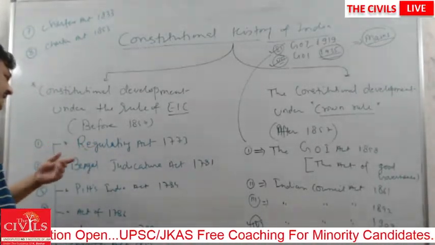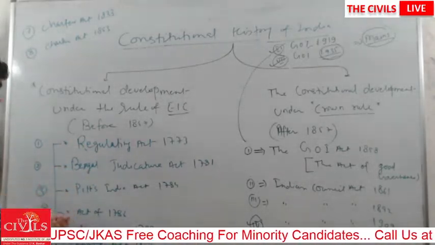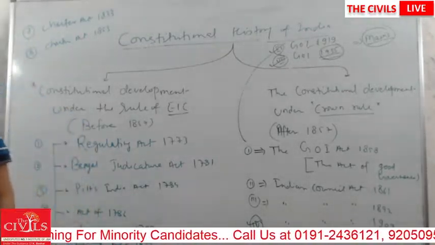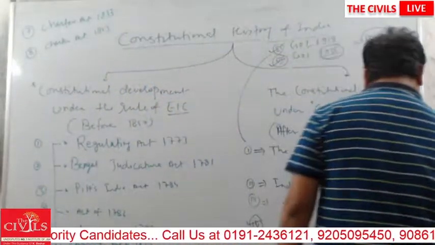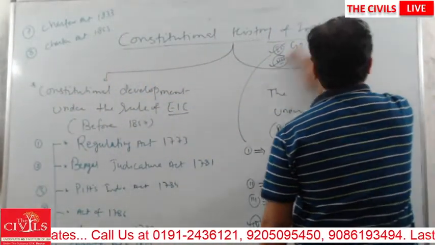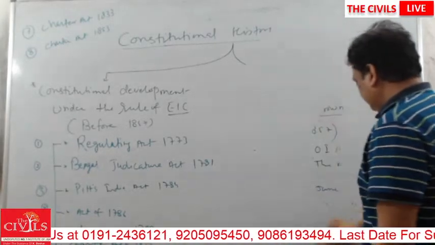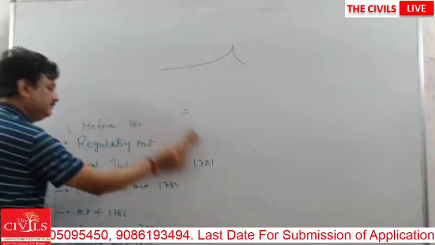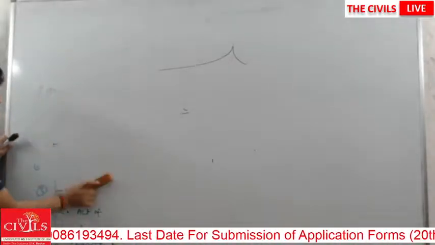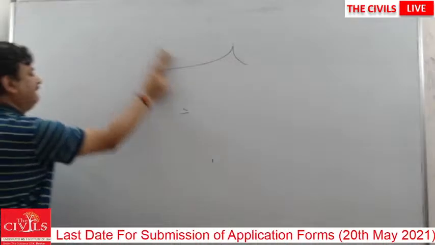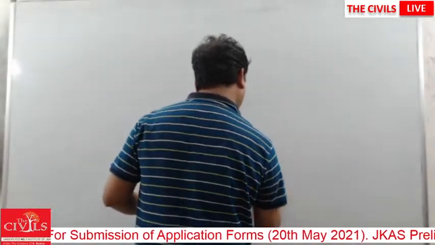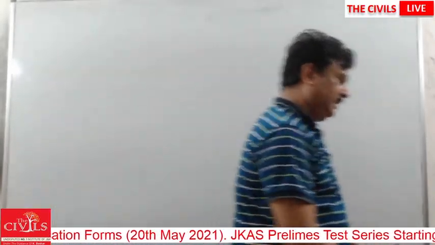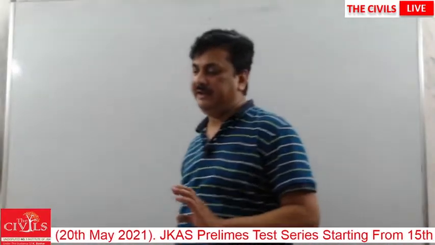First, I will discuss Regulating Act, then Bengal Judicature Act, Pitt's India Act, Act of 1786, Charter Act and Charter Act 1813. I am going to discuss all these acts one by one.